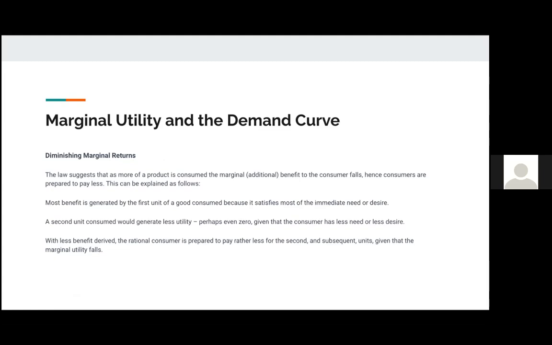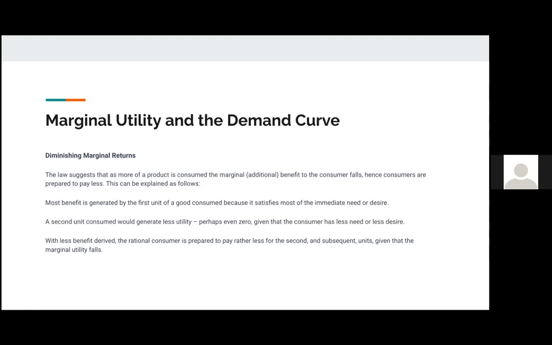Hence, consumers are prepared to pay less. Think about it this way. Let's say you're very hungry and you have a plate of rice. Most of the benefits that you get is generated by the first plate of rice that you consume, because that's what satisfies most of your immediate need or your desire.